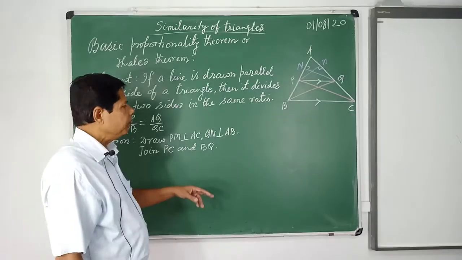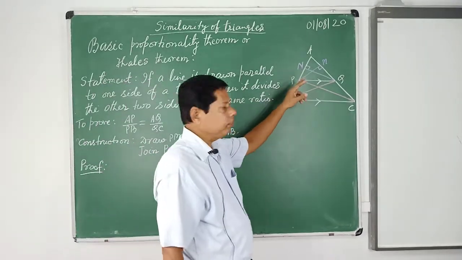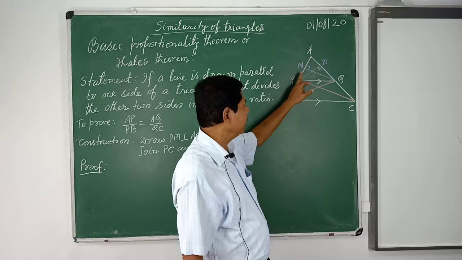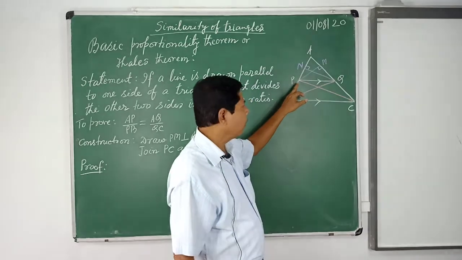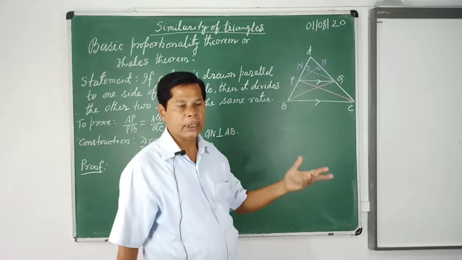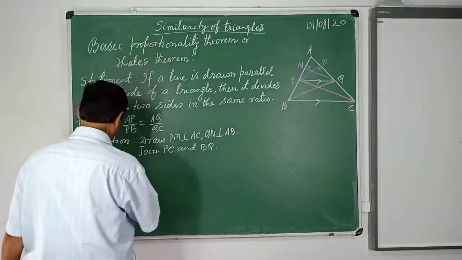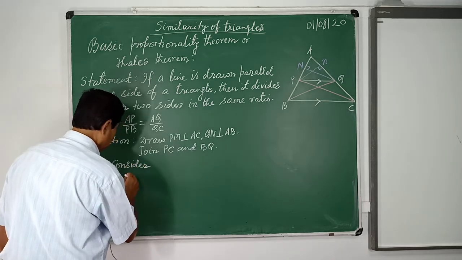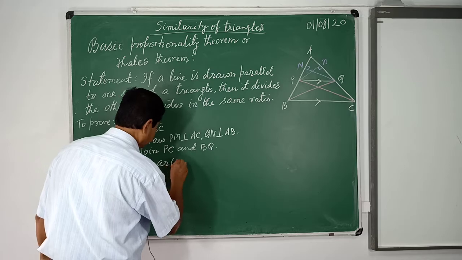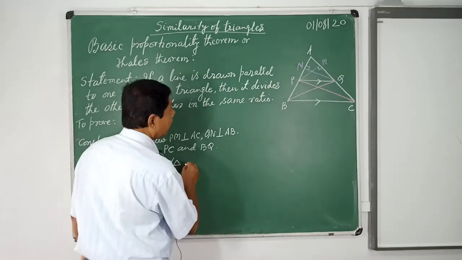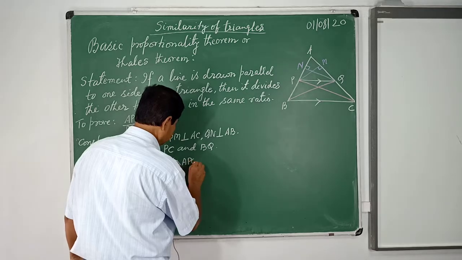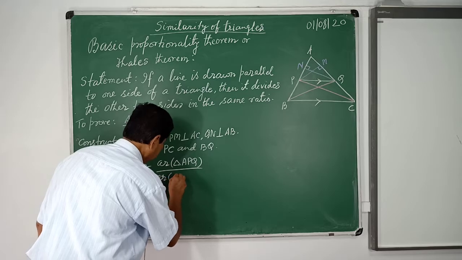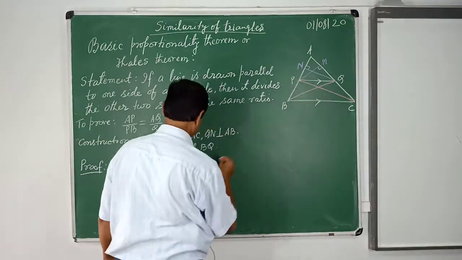Here we shall consider the area of two triangles. They are in two pairs. First we shall consider the area of APQ and area of PBQ. So let us consider the ratio of the areas of these two triangles. Consider area of triangle APQ by area of triangle PBQ.